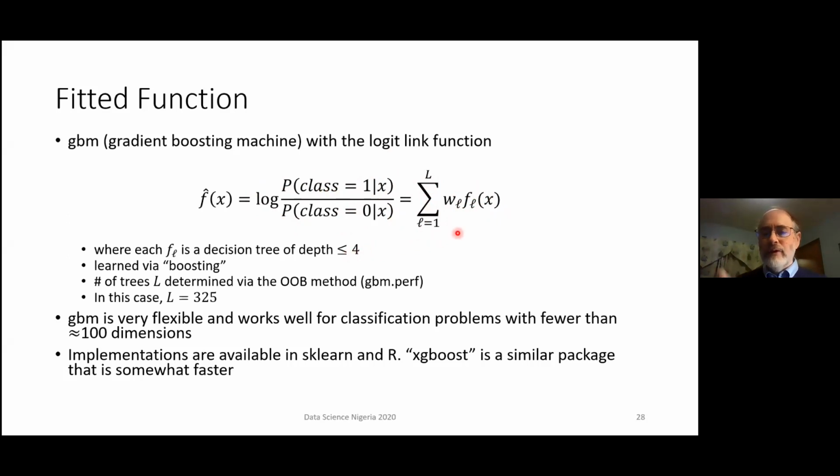Then it learns the trees F1, F2, F3, and so on through a boosting process. I use the so-called out-of-bag method to choose the number of trees. It chooses 325 trees in this case. So GBM is very flexible and I think works very well. Many people have won Kaggle competitions using GBM-type methods, as long as the dimension is not too large. So this doesn't work for images, but it would work for modest dimension problems.